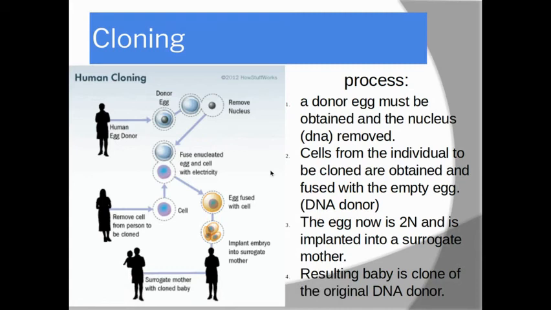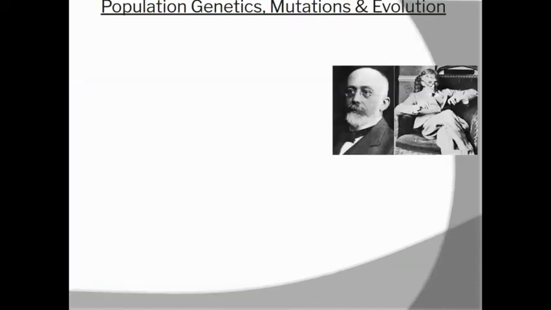The baby will be a clone of that individual and will have the exact same DNA code, but not have life experiences, education. There are some epigenetic factors that can still be transferred, but they are cloned.